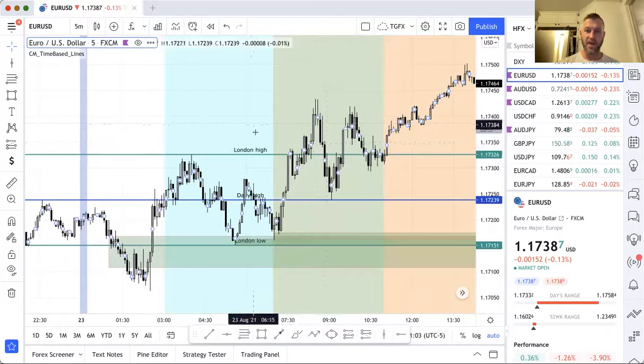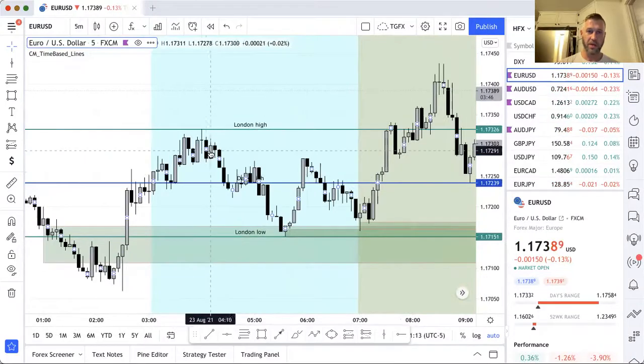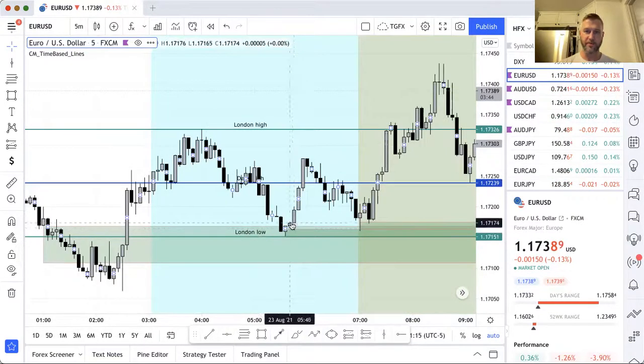The London session has the most volume, from my understanding, but the overlap is the most volatility. So if you can get on the market every morning before New York opens, before 7 a.m. Central or 8 a.m. Eastern, you can come in here and look at your London lows and highs, and there's a good chance it's going to react off of one of those sometimes within the first hour and a half of New York opening.